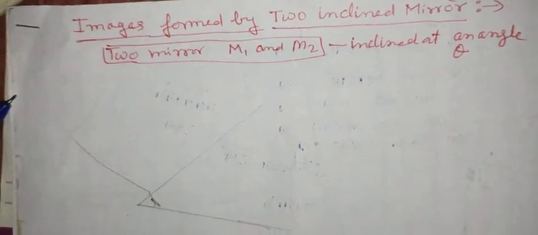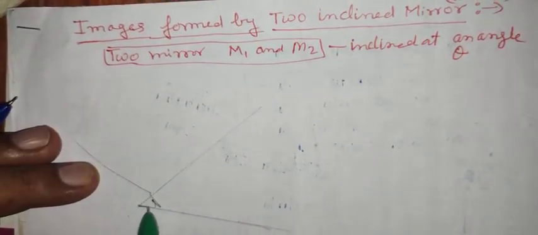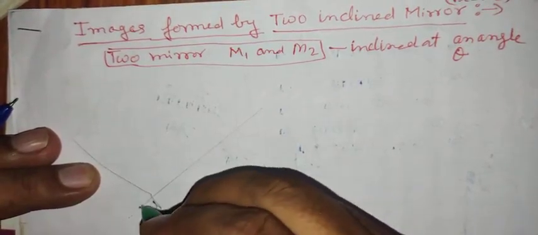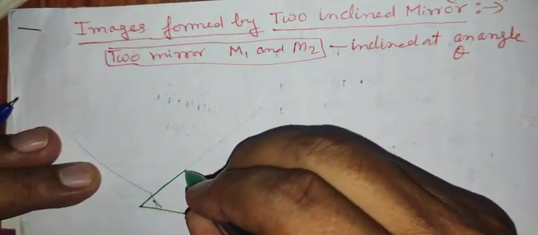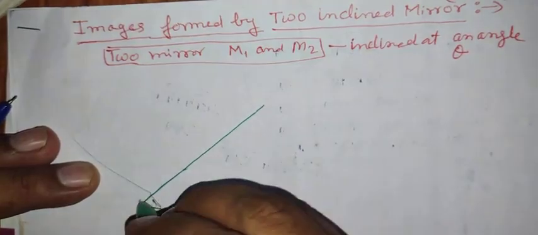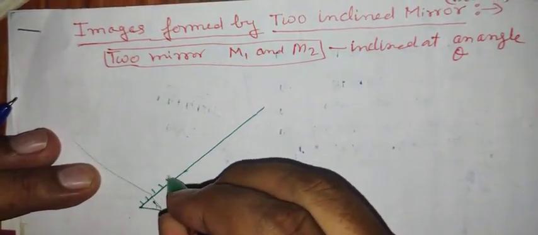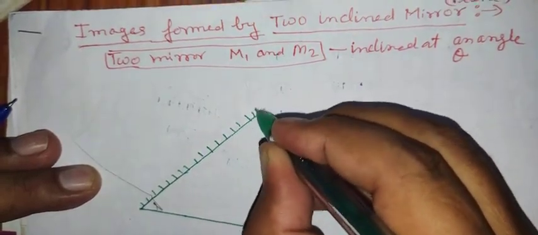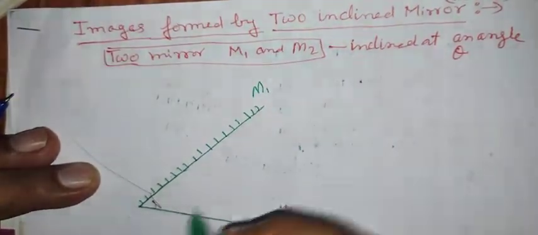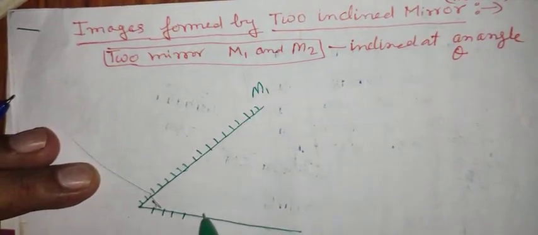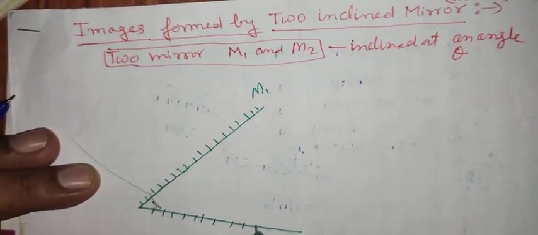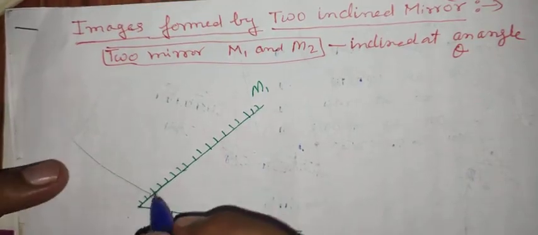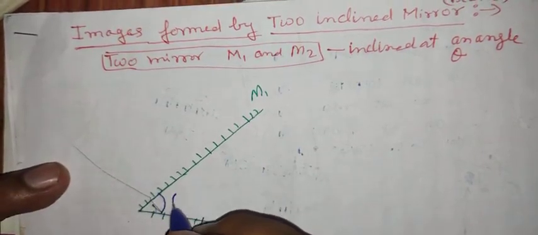See here in the diagram, let we have two mirrors M1 and M2 inclined at a certain angle theta.